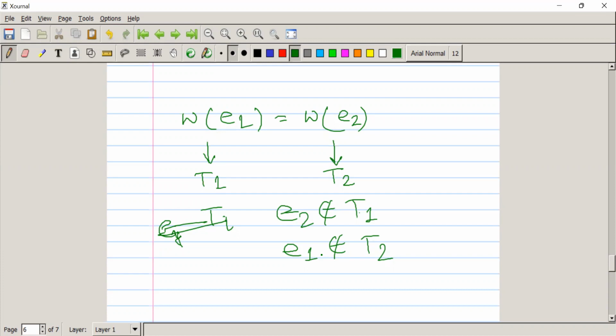You can use this argument to show that if some edges have equal weight and you add some very small edge weights so that they become unequal, and then you run the algorithm on the graph with all distinct edge weights, the output you get will be the same as for the graph with indistinct edge weights.